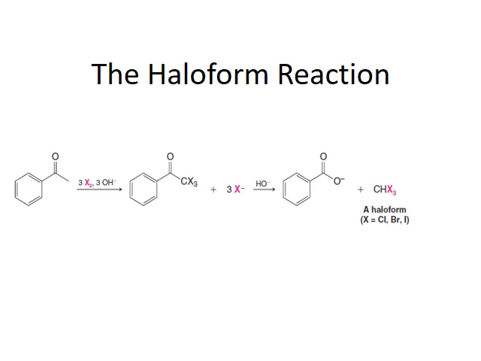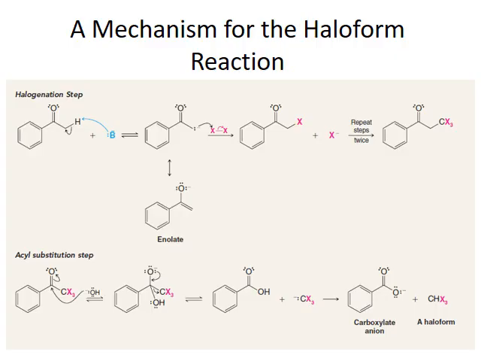The next slide illustrates the mechanism. First, halogenation step, base catalyzed, base promoted, forms monosubstituted product, then the reaction, as we said, repeats twice.